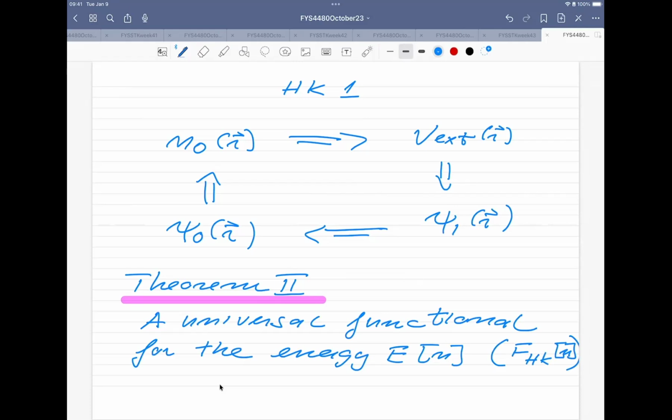So for a universal functional for the energy in terms of the density, so it's a function of the density here, a universal functional for the energy in terms of V can be defined. Let's just wait a little bit so everybody has the time to write it down.